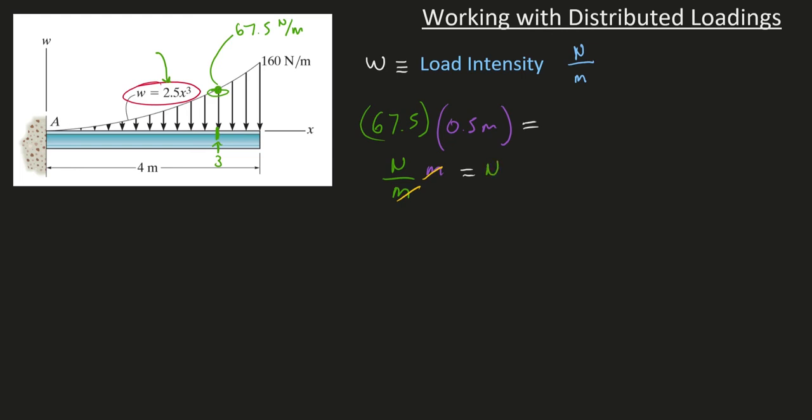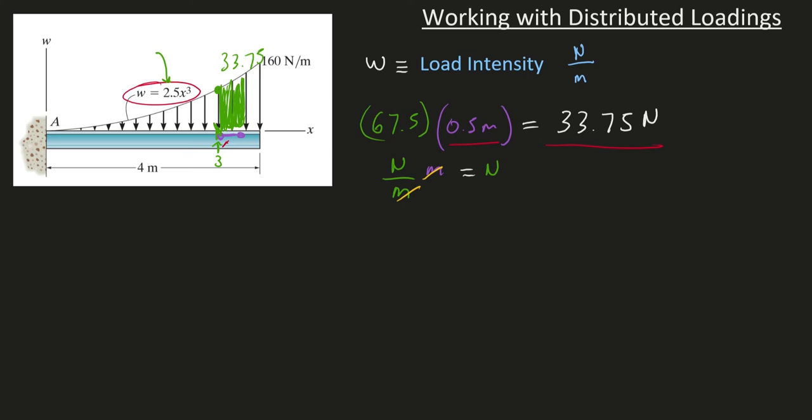So I would get 33.75 newtons. So that means from that 3 going out half a meter, I have in total 33.75 newtons of force from all of this distributed loading right here. But I got to be very, very careful with how I think about this. This logic isn't quite correct.